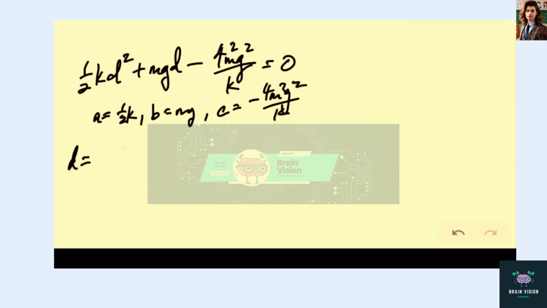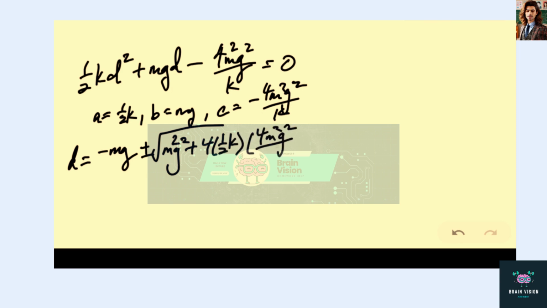So d equals negative b, which is negative mg, plus or minus the square root of b squared minus 4ac, divided by 2a, which is just k.